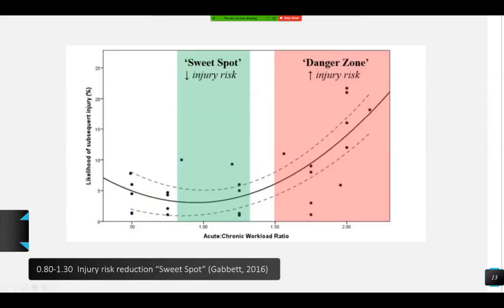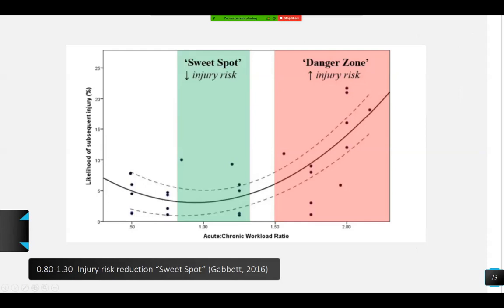This is just a quick chart from the 2016 article. Ideally, we're looking at that sweet spot, right? We don't want to go so far above and beyond in a given week. We don't want that shock on the system, because that's where some of the injury risk increases. The sweet spot is give or take 1.0.